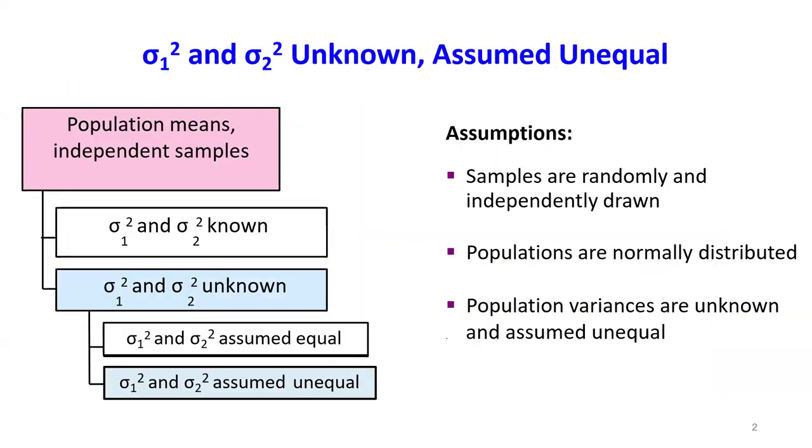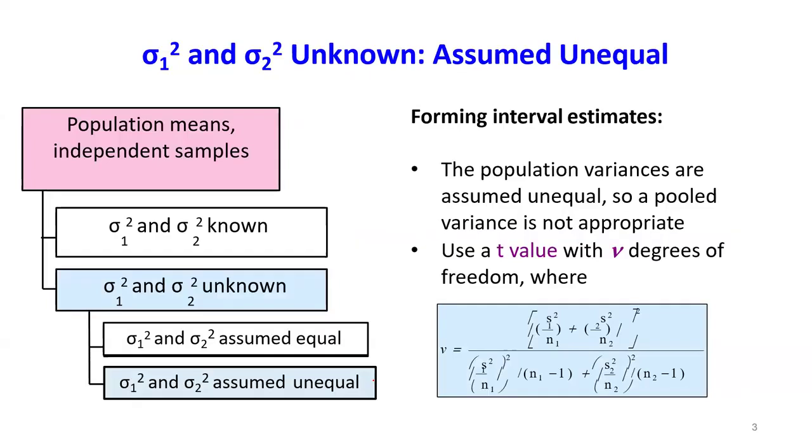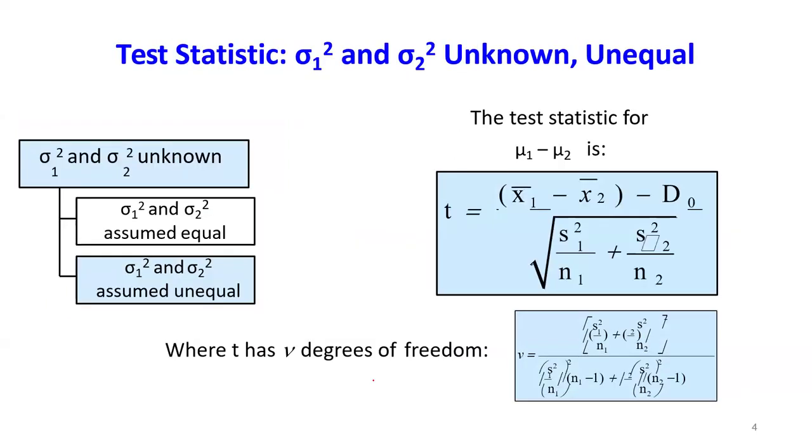So now this scenario is simple. We have seen how to solve this. Now we'll go ahead with this scenario, when we say that the population variances cannot be equal. In this case, the process is the same. Catalyst 1 and catalyst 2 are being used for the same process.